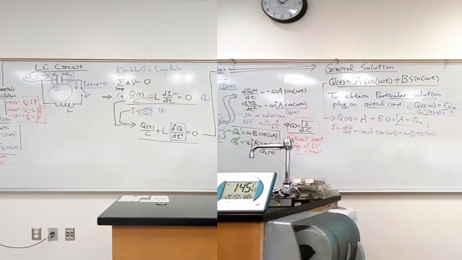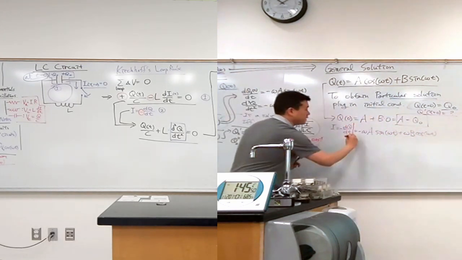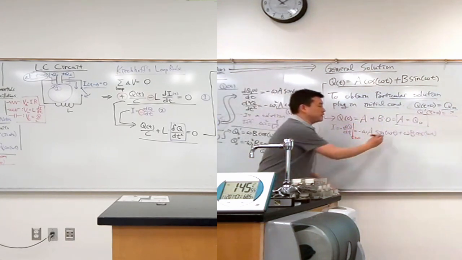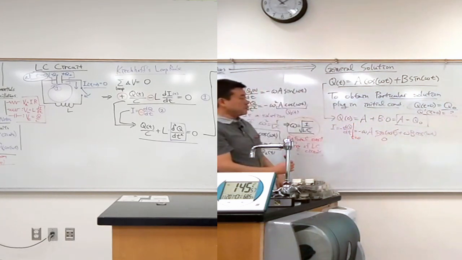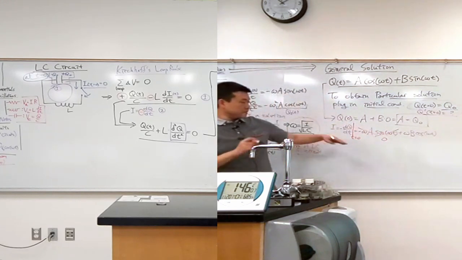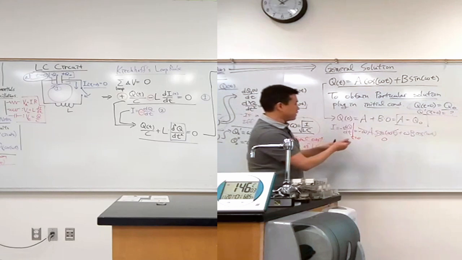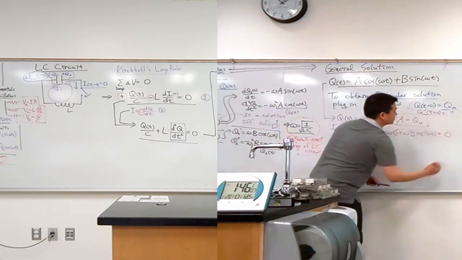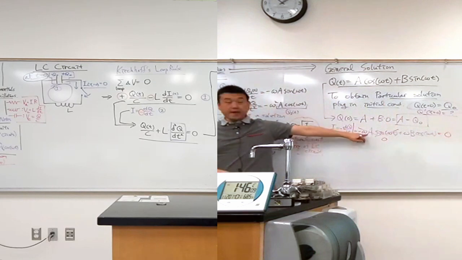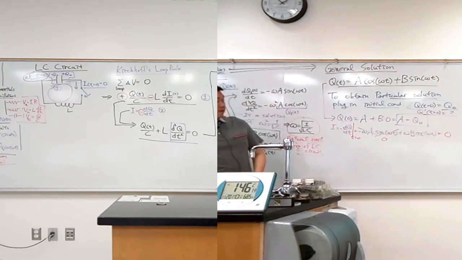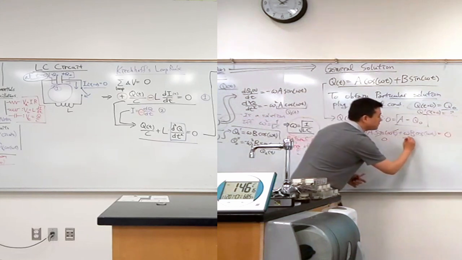We are evaluating all of this at time equals 0. So sine of 0 is 0, and this term actually goes away. This gives you no information about A, but that's fine.